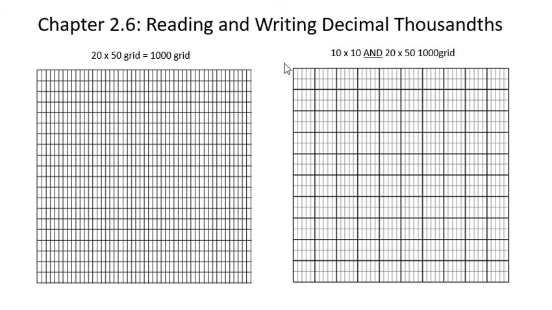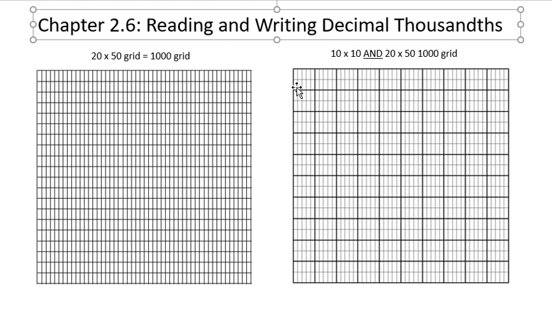However, I can also call it a 1,000 grid or a thousandth grid because of the following. I know I have 100 of these larger squares. If it's a 10 by 10 grid, I know I must have 100 of these larger squares. However, if you count inside each of these squares, there are 10 smaller divisions known as rectangles.